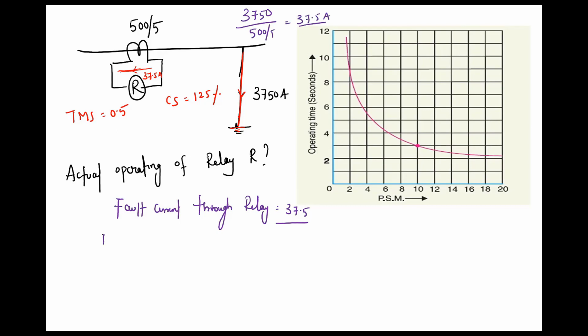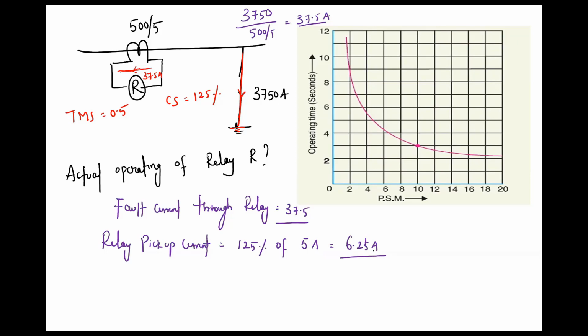Now what is my relay pickup current? The current setting is 125% of the rated secondary CT current, 5 ampere. 125% of 5 ampere. How much will this relay pickup current be? 6.25 ampere. Am I right? 6.25 ampere.